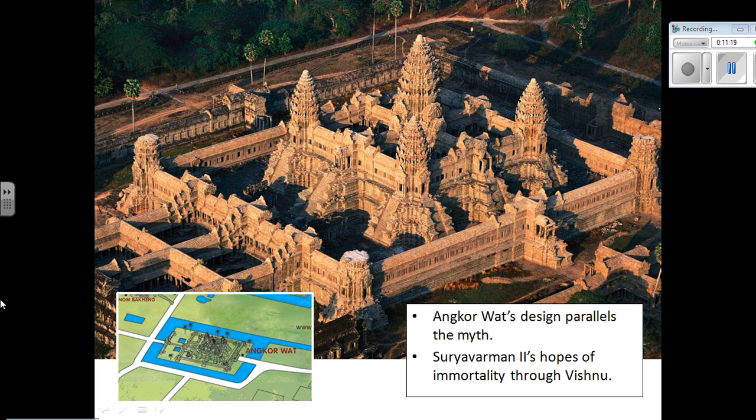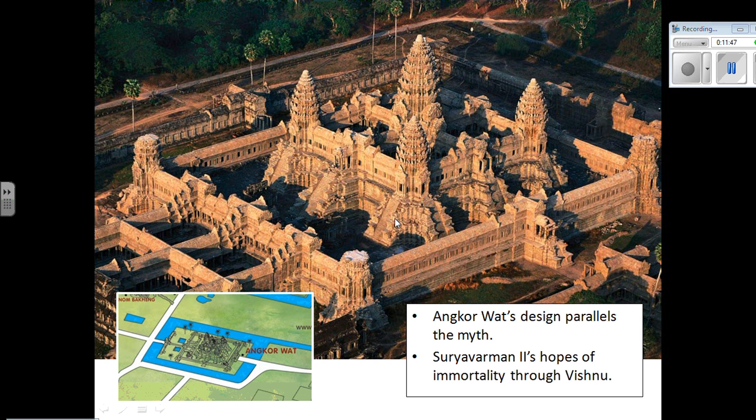So you can see here the plan of Angkor Wat, or a map of it, the photo up here. And so in a way we have that myth paralleled in the design of the building. We have Mount Meru rising up out of an ocean of sorts, this gigantic moat that surrounds it. We have the reliefs showing the myth of the churning of the ocean of milk.